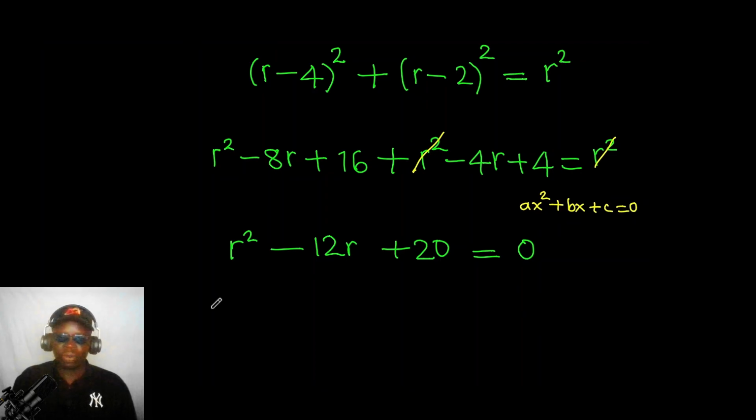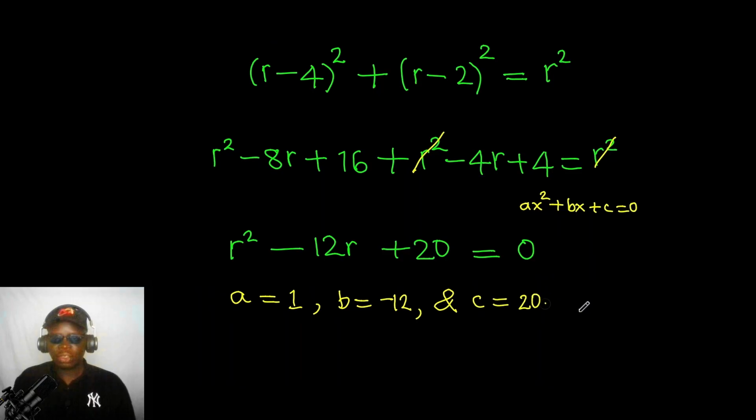So when you compare with what we have here, we know that our x is r and the coefficient a is 1. Then we move to b, and our b, the coefficient here, is negative 12. Lastly, our c is the constant here, and that is positive 20.